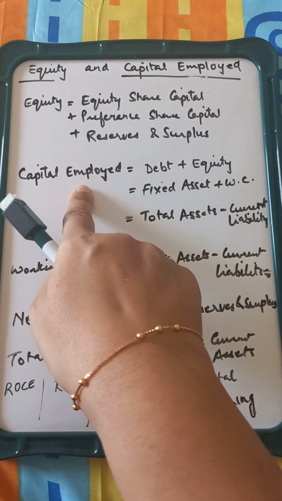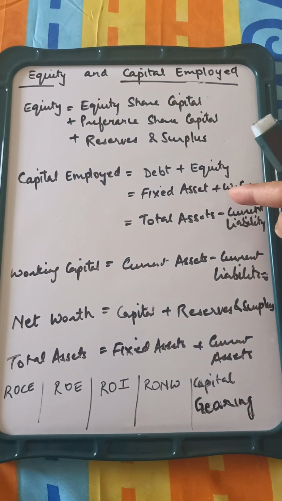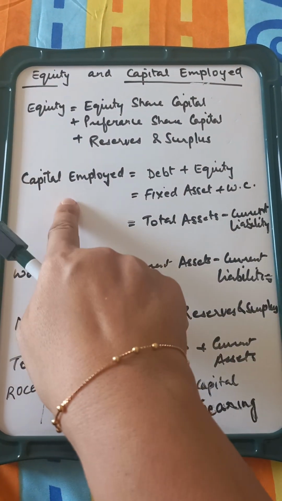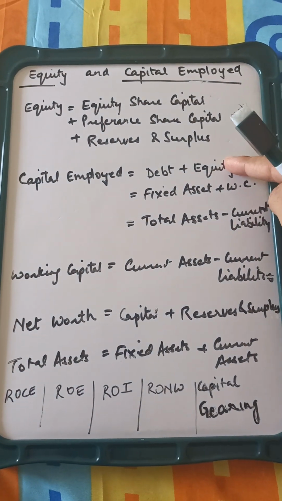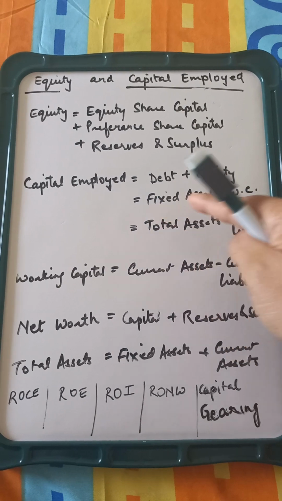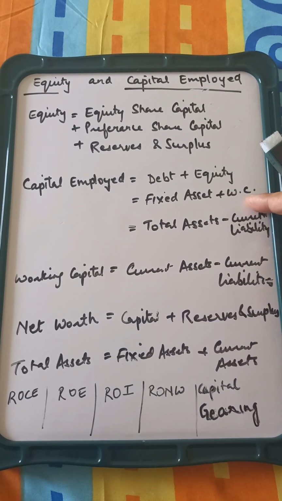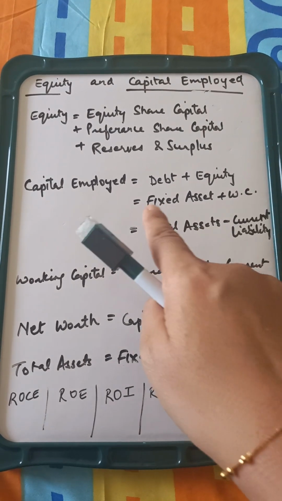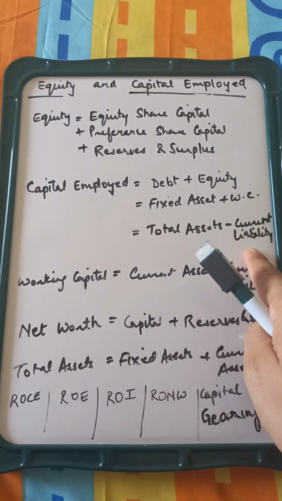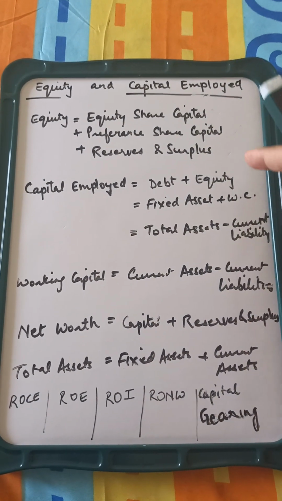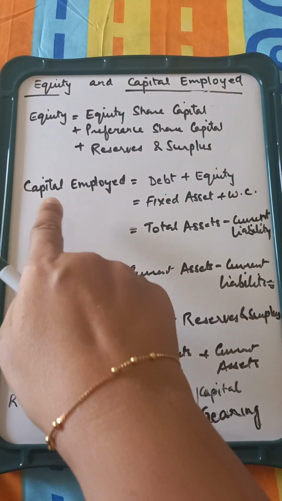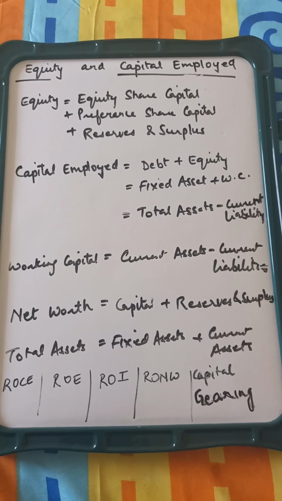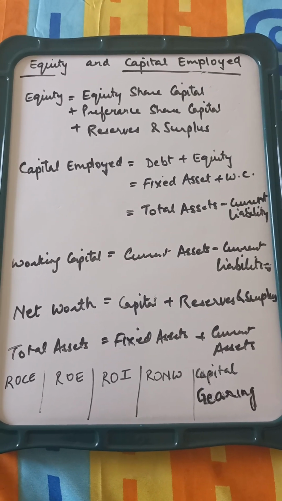Whereas for capital employed, there are three different terminologies that can be used for the same thing, which is debt plus equity, or fixed assets plus working capital. Working capital is current assets minus current liabilities, or total assets minus current liabilities. So any of these three could mean capital employed while doing a financial analysis of any balance sheet.